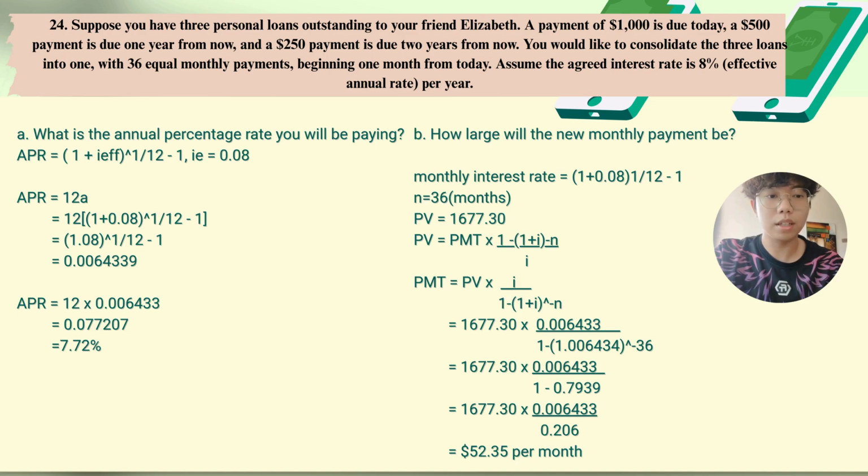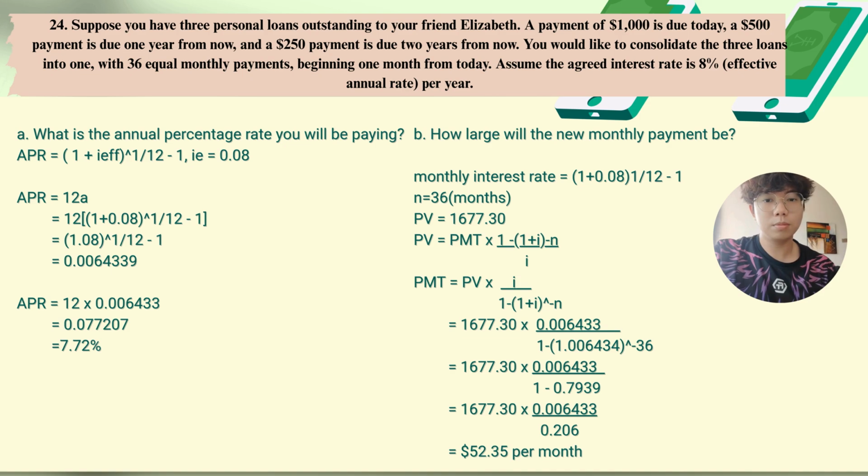First, we calculate the monthly interest rate by adding 1 to the effective interest rate, raising this sum to the power of 1 over 12, since there are 12 months in a year, to account for monthly compounding, and then subtracting 1. The final answer of the APR is approximately 7.72%. This represents the true cost of the loan on an annual basis.